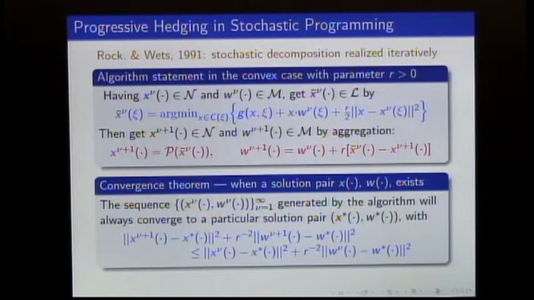This is like what people were doing before. They take a scenario and solve a whole optimization problem for that scenario. But the scenario problem here is modified in two ways. It's modified in that it has this information price term with a w. That's one way.